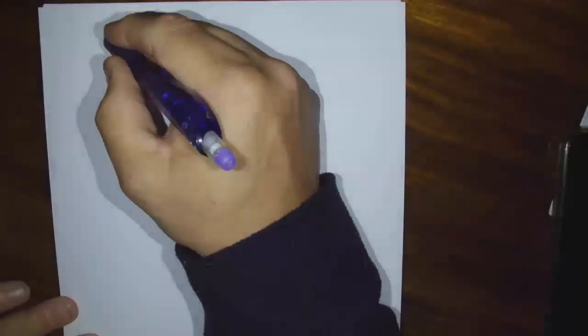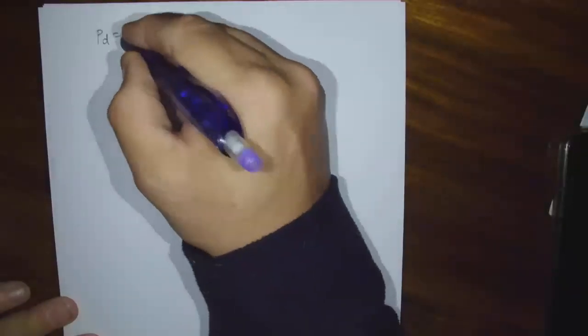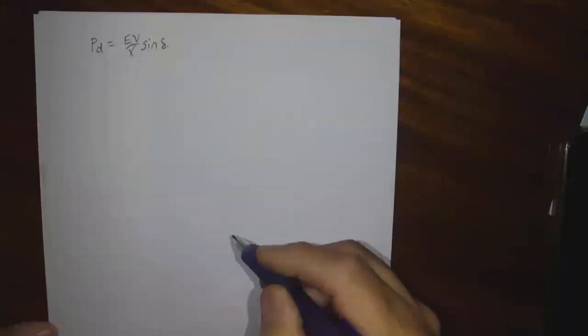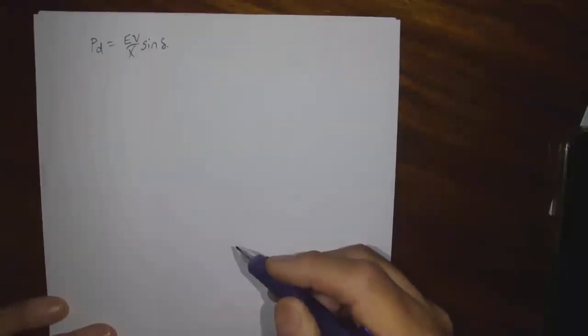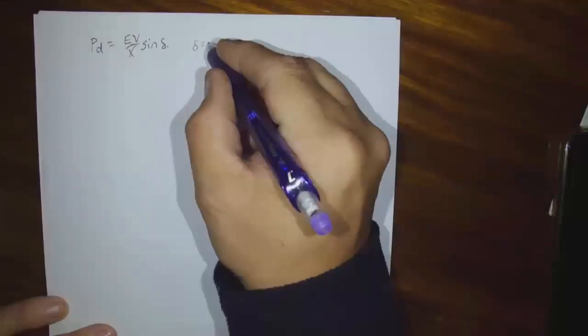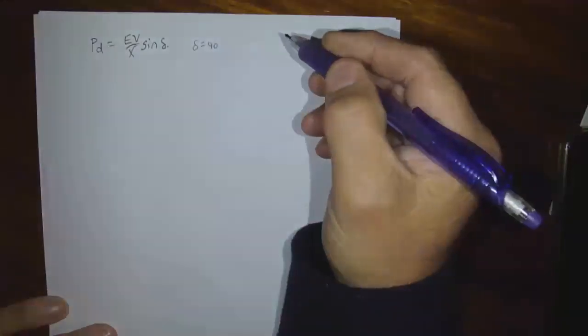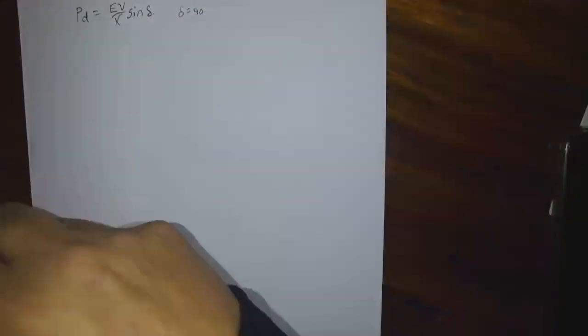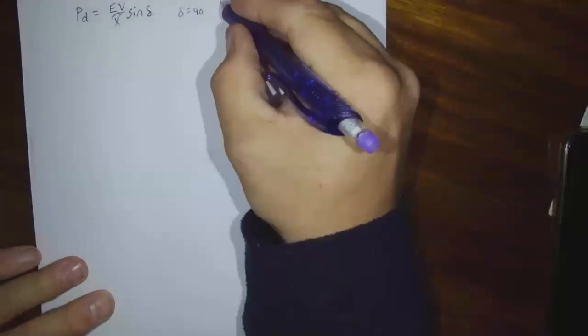If we look at the power developed, EV over X sine delta, when is that going to be a minimum? That one is when it's maximum, when delta is 90. If delta is 90 degrees, then sine delta is 1, and that will be the maximum.